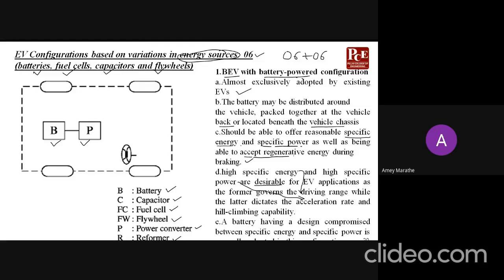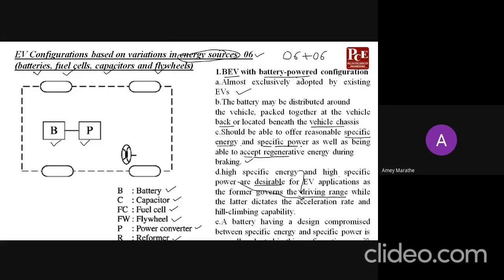At least I want you to make a note that your high specific energy governs your driving range. Whatever specific energy your battery is able to provide, you can relate it to the driving range of the vehicle.